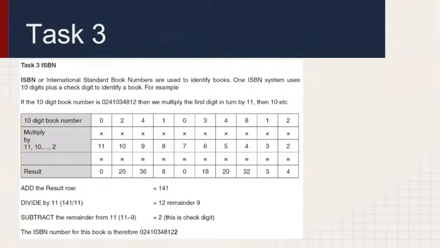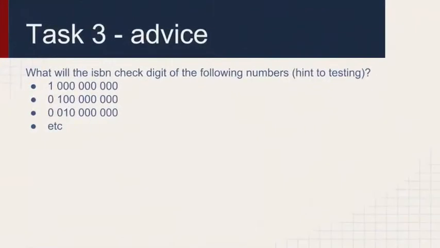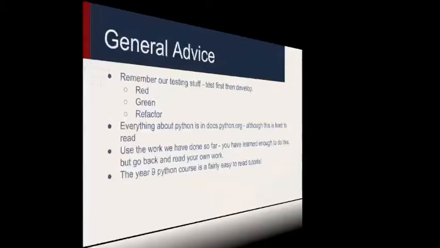I would perhaps work on some of those numbers, just working it through on paper before you start on the program, just to make sure that you know the process. Once you know the process, I would write down the process and then work from there. The tricky part of task 3 is going to be getting the algorithm done.